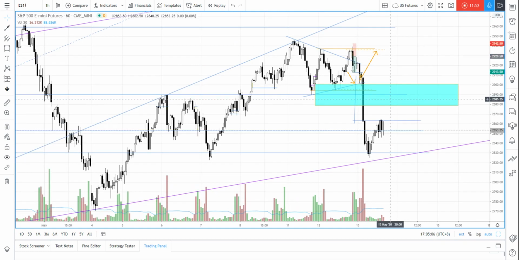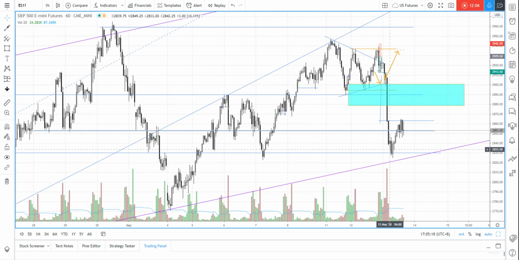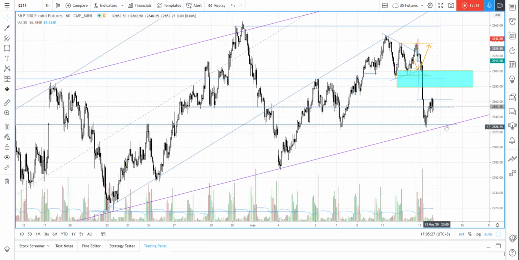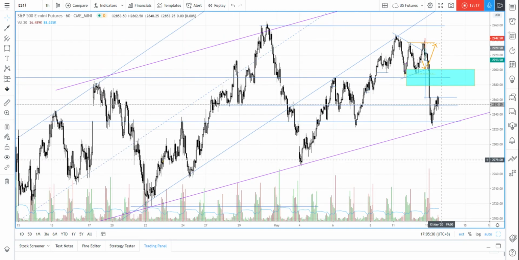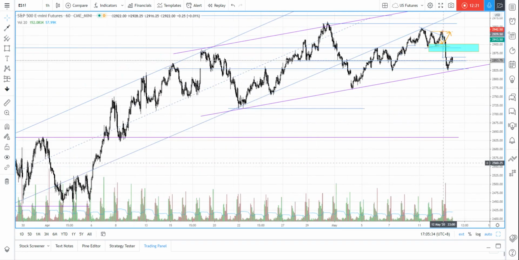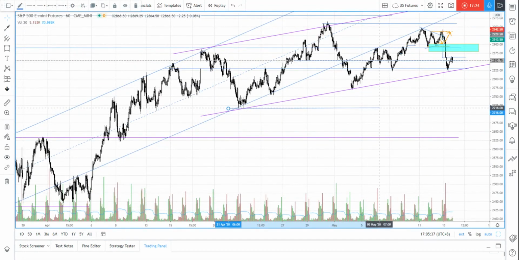Otherwise, if we definitely see a continuation of the sell-off and an immediate break of 2830, then aggressive traders can trade the downside as well. So the immediate bias is definitely down, and the support level I'm looking at is 2830 to 2850. If it breaks, then definitely the swing low below, the levels 2775, or even this level here, 2715.